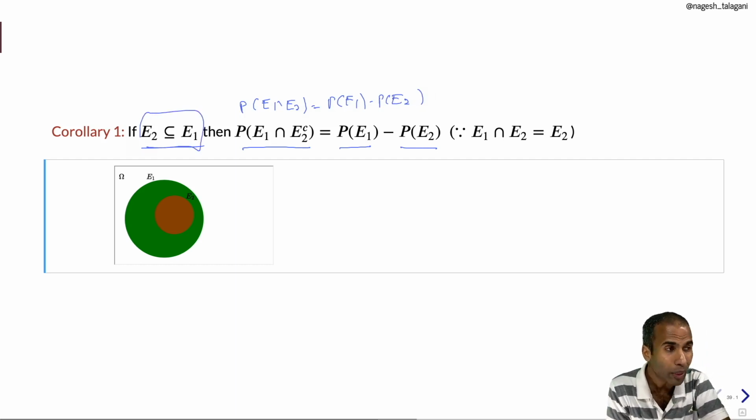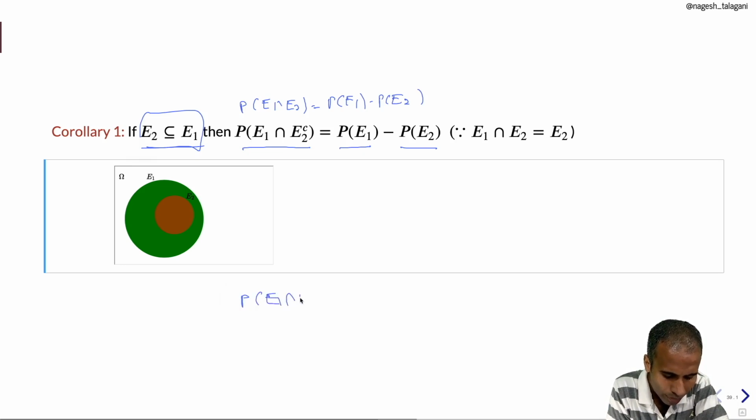See, here E2 subset of E1 means all outcomes in E2 are also in E1, which means whenever E2 happens, E1 also happens. That is the meaning of E2 is subset of E1. It actually follows from the previous theorem.